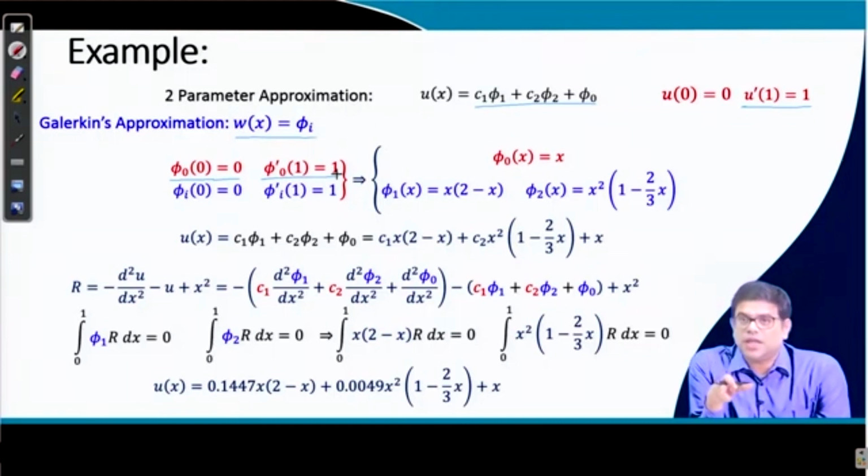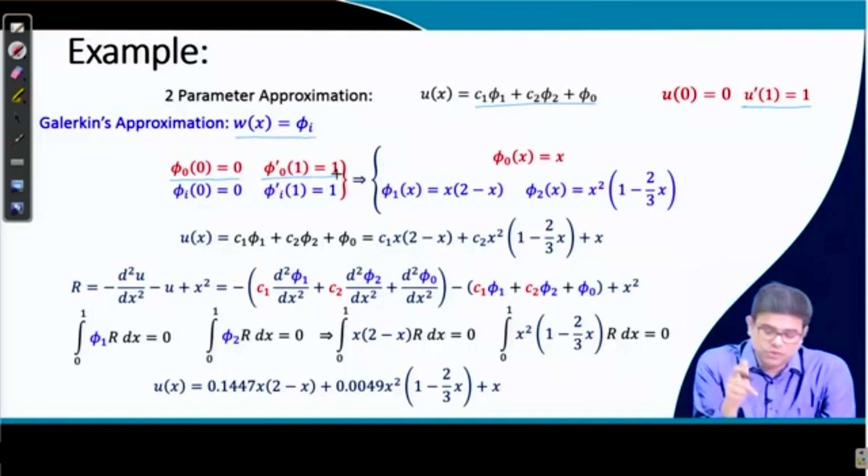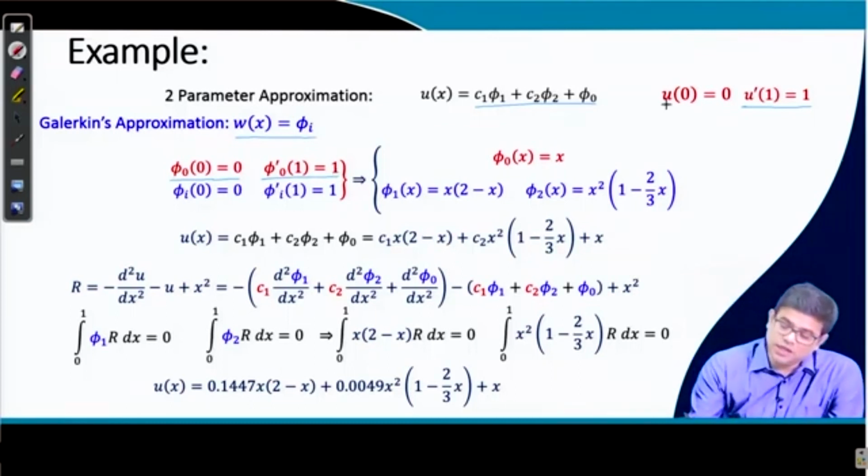So the first thing we notice is that our phi 0 was 0 for the Rayleigh-Ritz function, but here phi 0 will be different, because phi 0 not only has to satisfy this condition but also this condition.